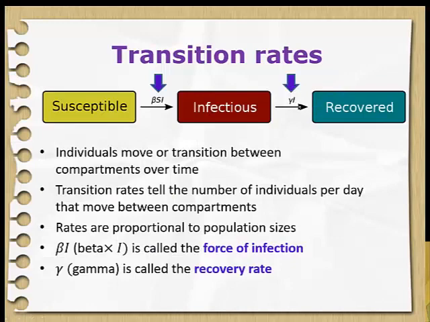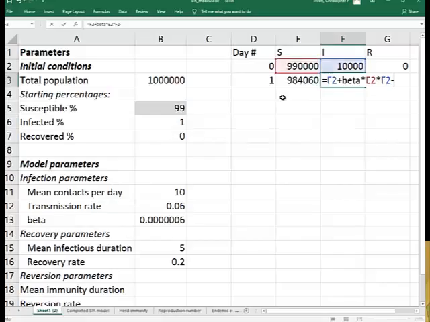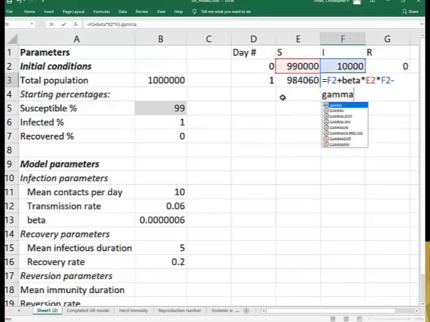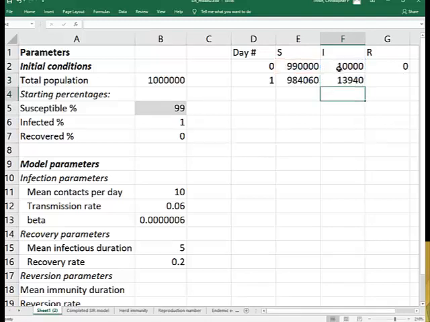And those who recover, if you remember from this picture, is gamma times I. Okay, so here I have gamma times the infected. All right, so those are my new infected. Now how about recovered? Well, recovered is going to be the recovered from the previous, then plus gamma times I. All right? So now I have my 3 numbers, S, I, R, for day 1.